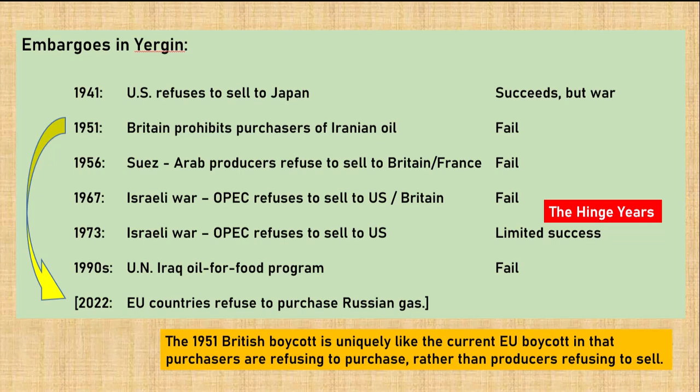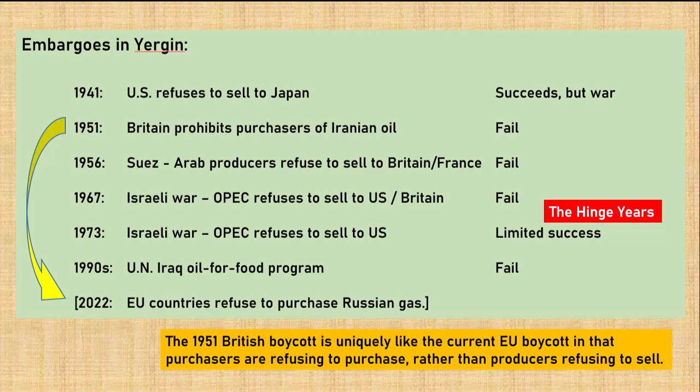So one idea then of how to assess this question, do embargoes, oil embargoes or boycotts work, is to think about the unique case, and especially thinking about the European embargo on Russian oil with the most recent Ukrainian oil.